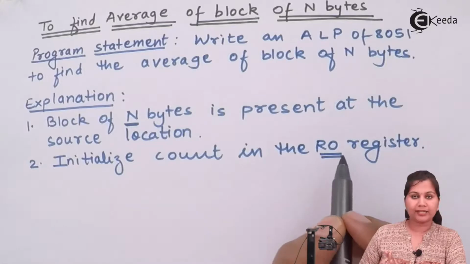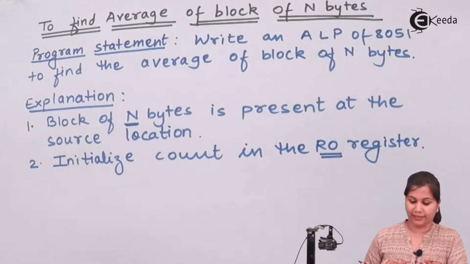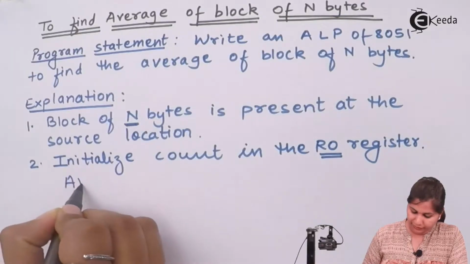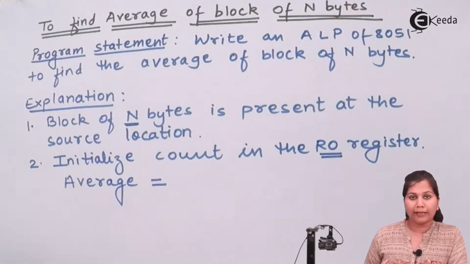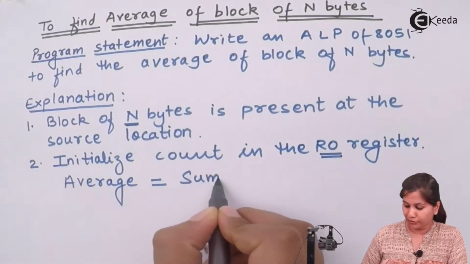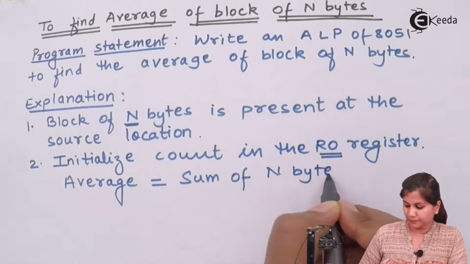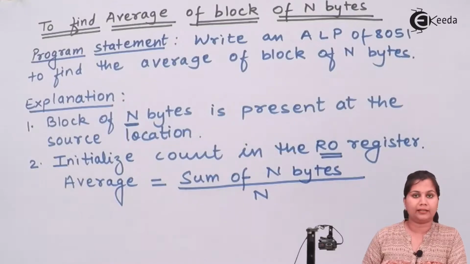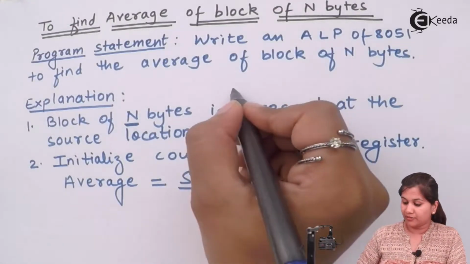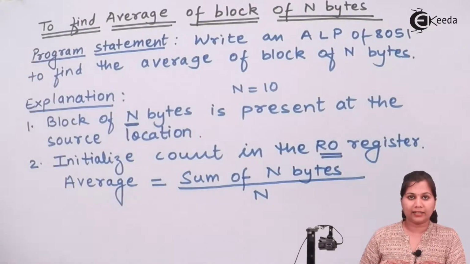Now our task here is to find out how many numbers are present in that array, because the average is found by the sum of n bytes divided by the number n. Suppose the value of n is 10, that is, there are 10 numbers present.